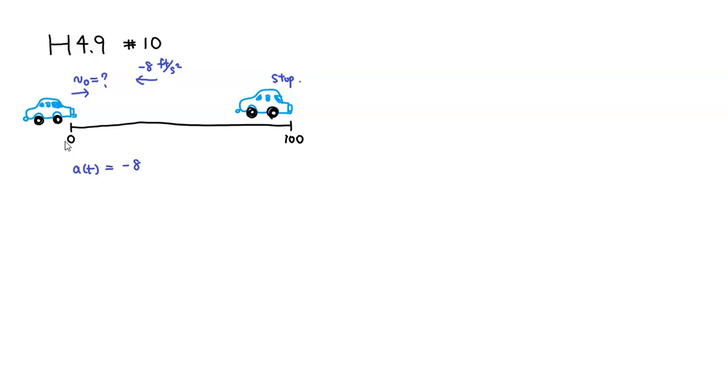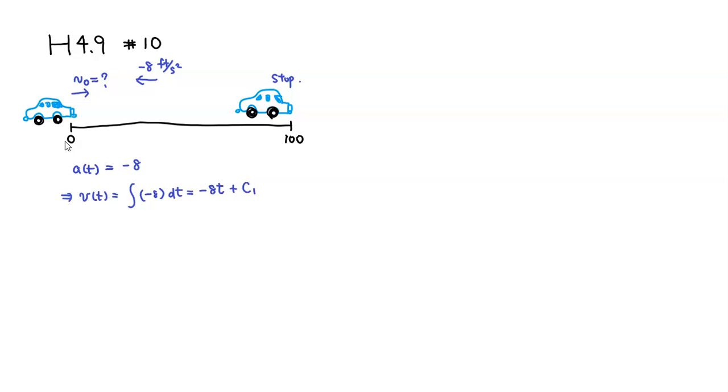Then if you take the antiderivative, we can find the velocity function. So v of t is equal to the antiderivative of negative 8 with respect to time. So it's simply negative 8t plus some constant, I'm going to call it c1.